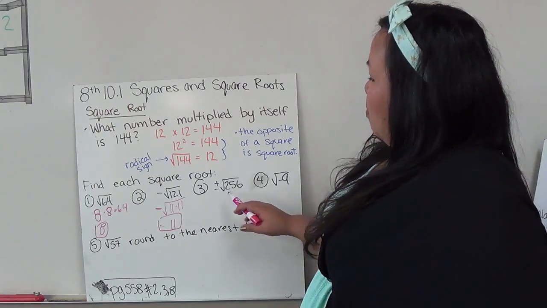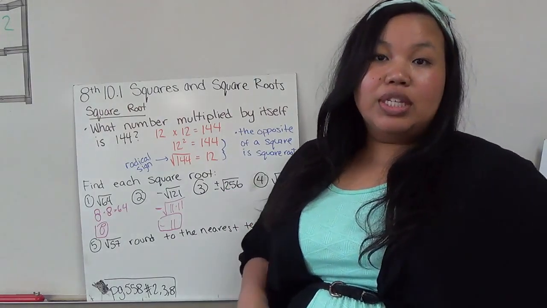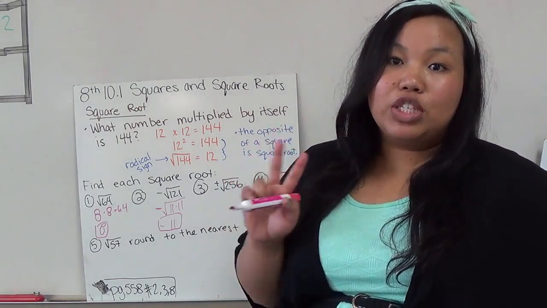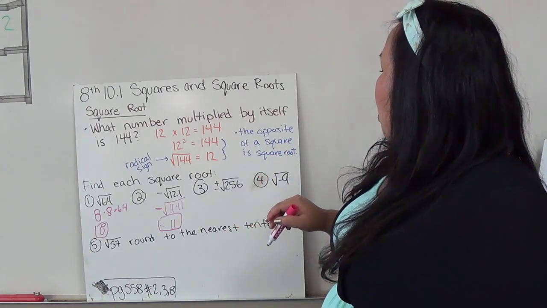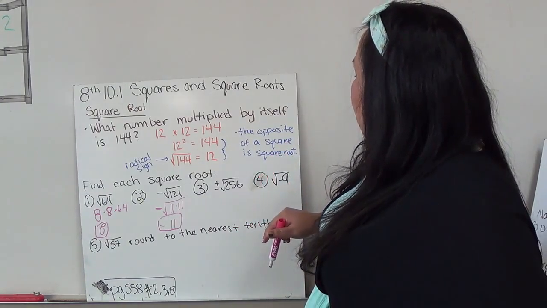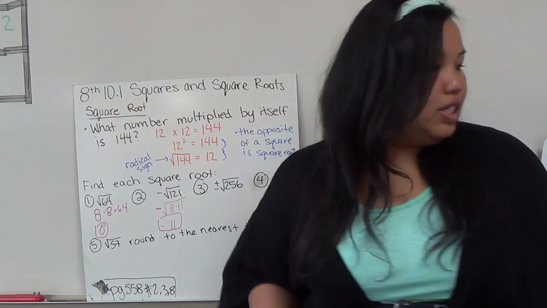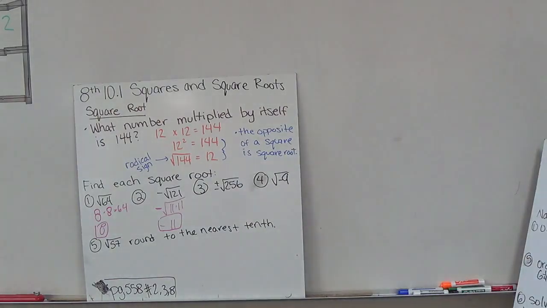The other one, this plus or minus on number 3 tells me basically I'm representing two numbers.